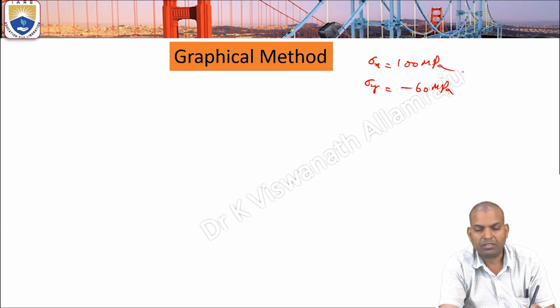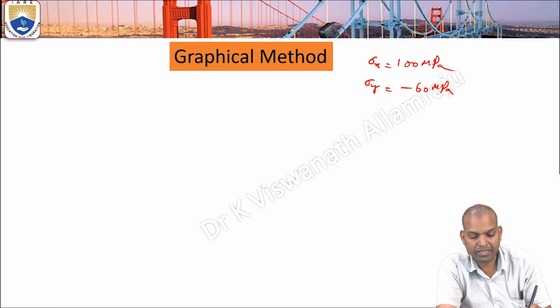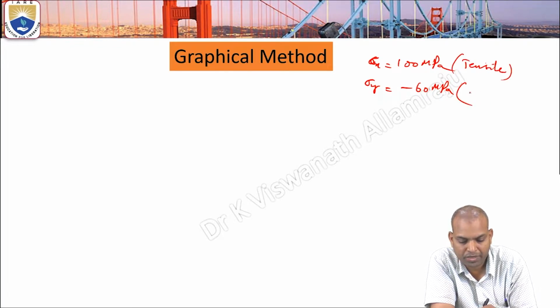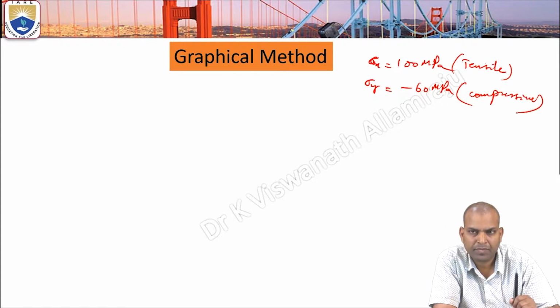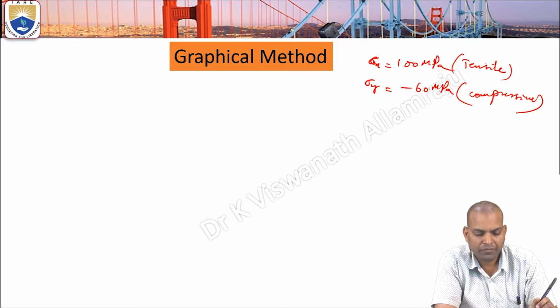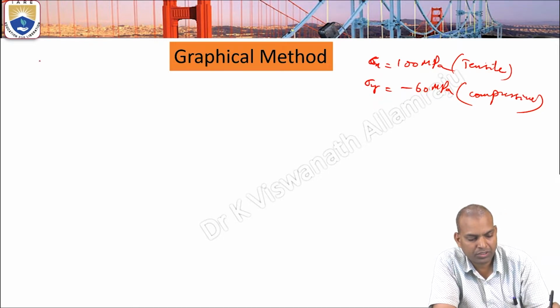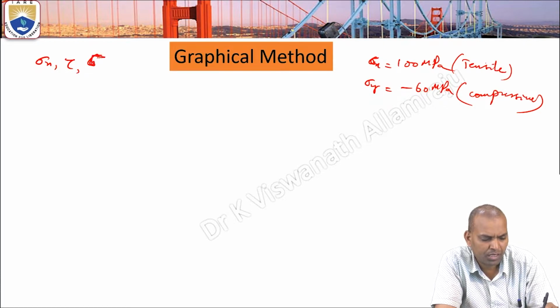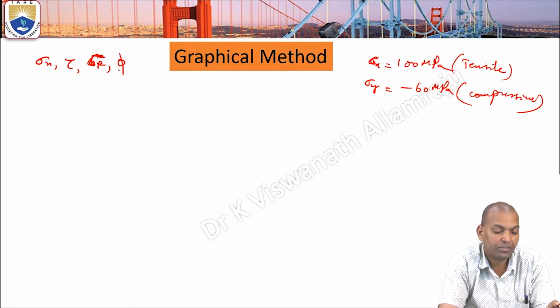Sigma x is tensile and sigma y is compressive. How do we find the normal stress sigma n and the tangential stress? We can also calculate sigma r, the resultant stress, and the angle of obliquity.